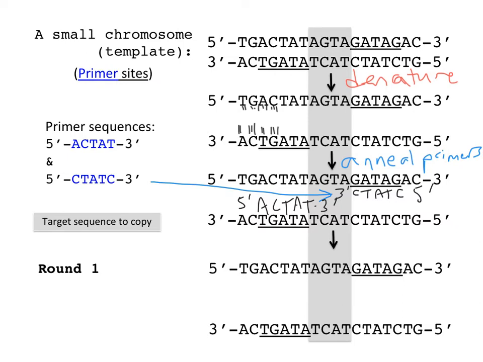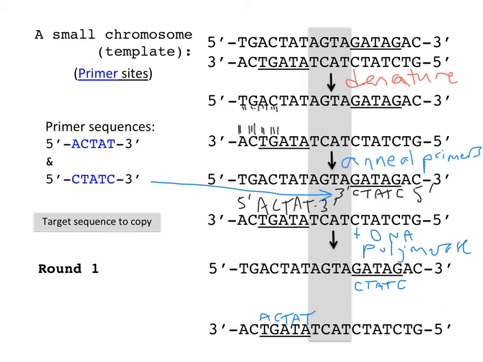So we've got primers sitting on the chromosome. What happens in the third step? What's the third step called? You add DNA polymerase, which is the enzyme that does the work of the third step.